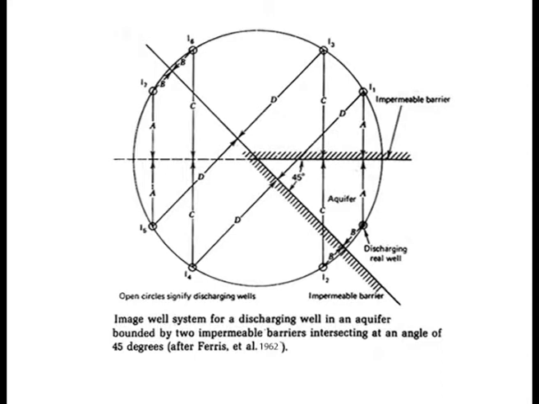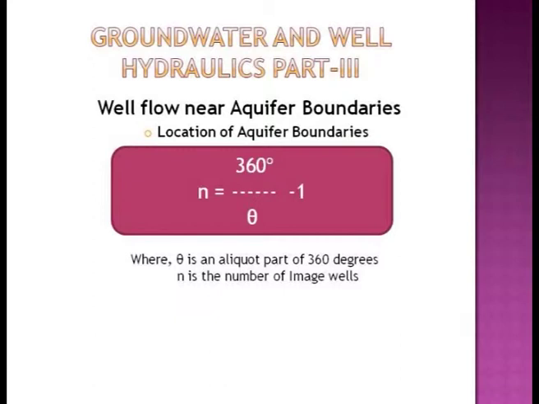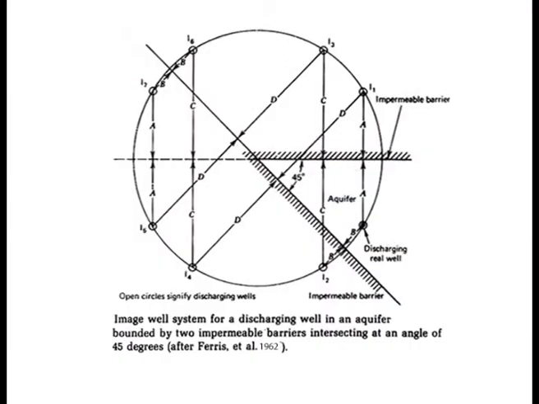The number of image wells is calculated by the formula n equal to 360 degrees upon theta minus 1, where theta is an aliquot part of 360 degrees. So if the wedge-shaped aquifer forms an angle theta of 45 degrees, then 360 divided by 45 minus 1, so n equal to 7. It means for this wedge-shaped aquifer, 7 image wells are required to convert it into the equivalent hydraulic system.